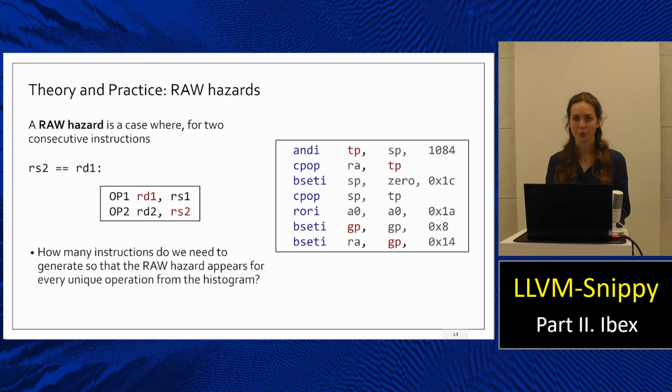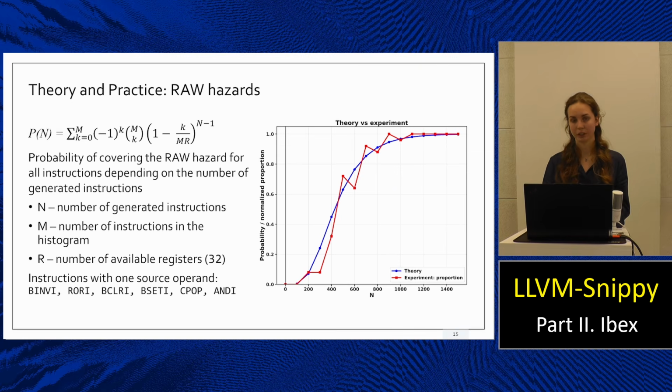So, before writing a hazard-oriented test, it is useful to estimate how many instructions we need to cover all read after write scenarios of interest with high probability. Next, we compare this theoretical estimate with actual run results.